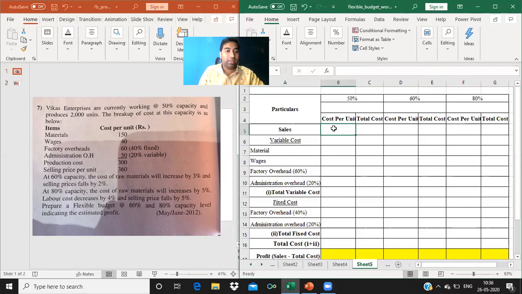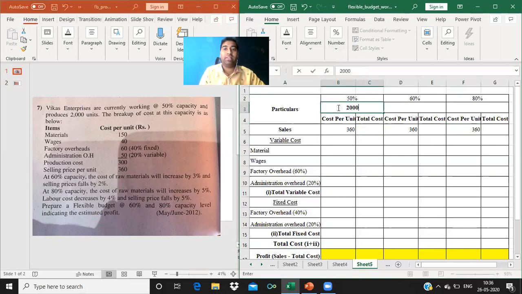Selling price per unit is given as 360, and the selling price is going to remain the same. And we need to calculate the number of units also.